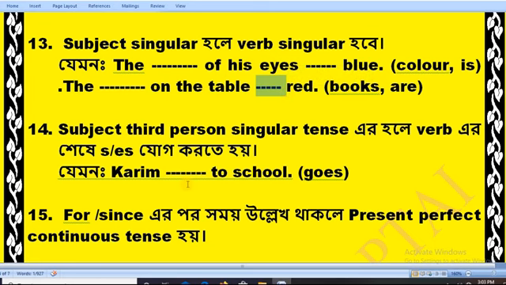Now 14. If the subject is third person singular, and it is simple present tense, then the verb will take s or es. Which are third person singular? He, she, it.